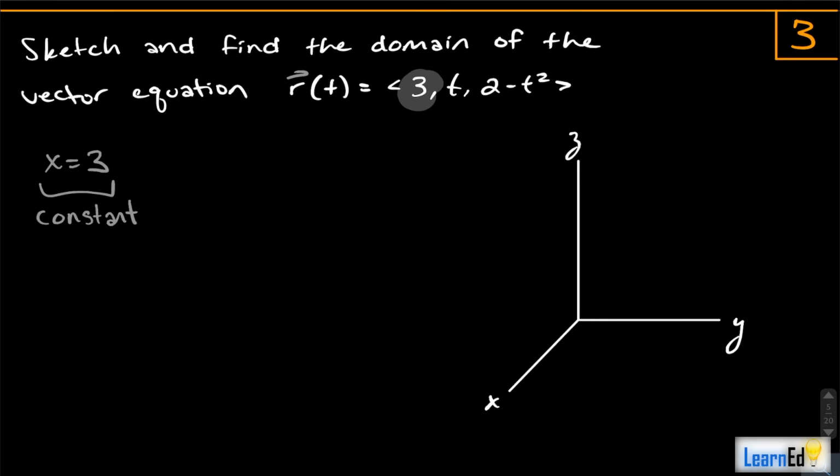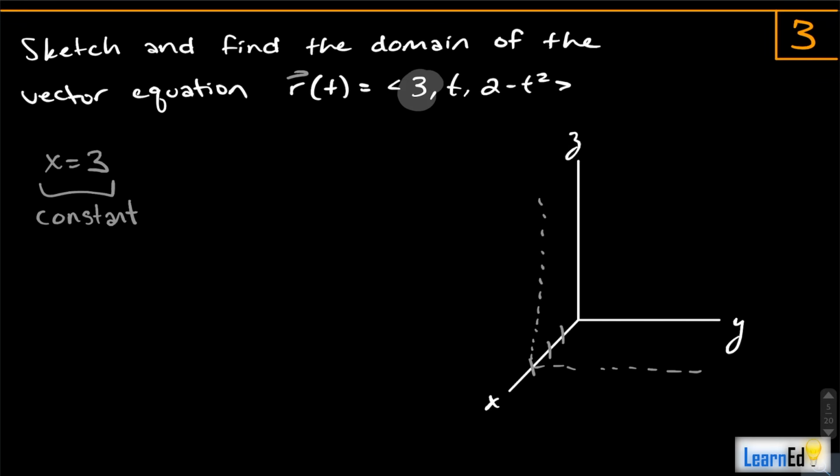If you have a constant like that in a vector equation, it's really, really nice. So we go 1, 2, 3 over in the x direction. So everything that is going to be happening for our graph is going to be happening on this shifted YZ plane.